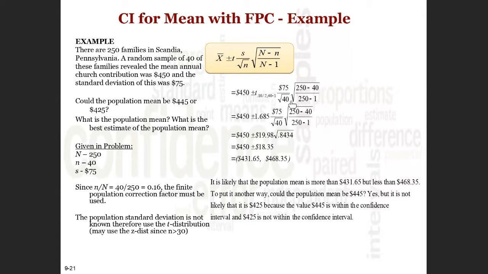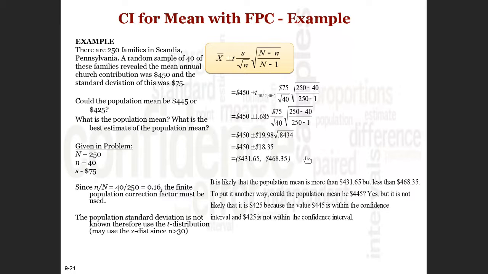That's substituting these numbers in. We have $450 plus or minus $18.35. So our confidence interval is between $431.65 up to a maximum of $468.35.